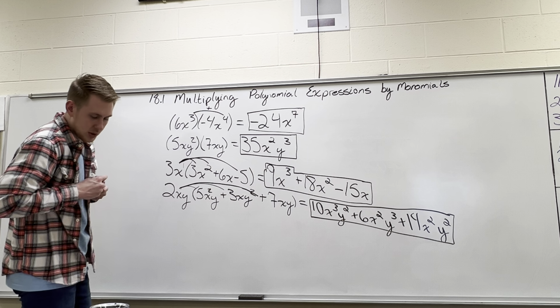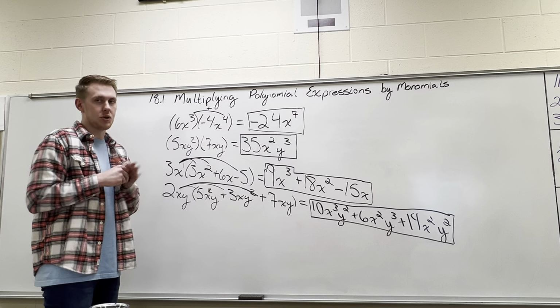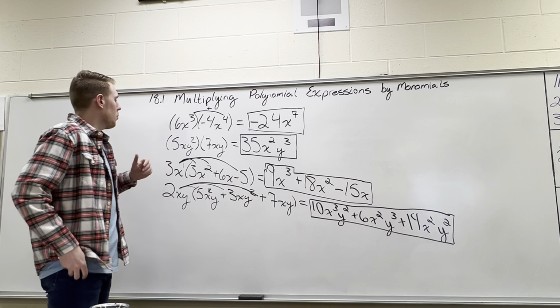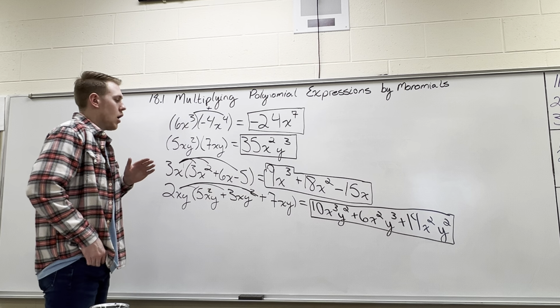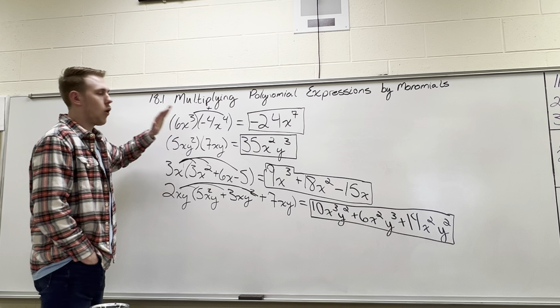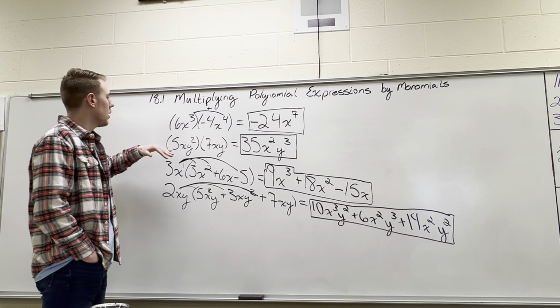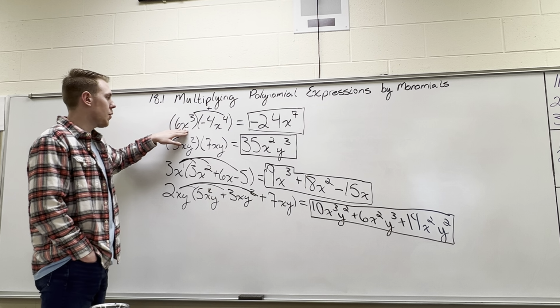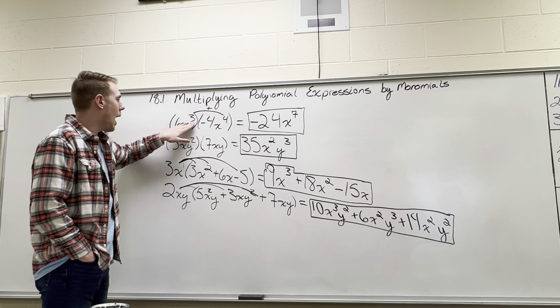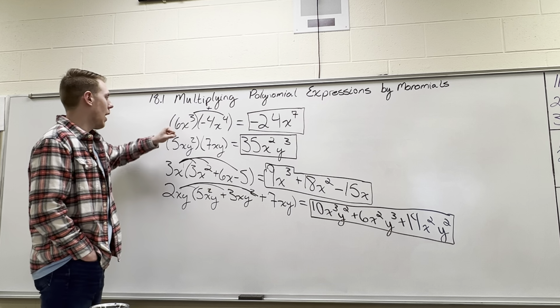So hopefully this was super straightforward, super simple. You are simply multiplying one thing by another. You multiply your coefficients, you add your exponents. So 6 and 4, multiply, they're coefficients. Base is whatever your base is. If it's x, it's x. If it's y, it's y. You then add your exponents of the same term.